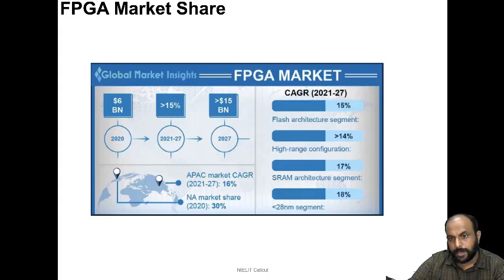Looking at the growth rate, the normal SRAM architecture as well as FPGAs below 28 nanometer are going to grow the most. So learning FPGAs is also worthwhile while we are trying to get into the VLSI design domain.